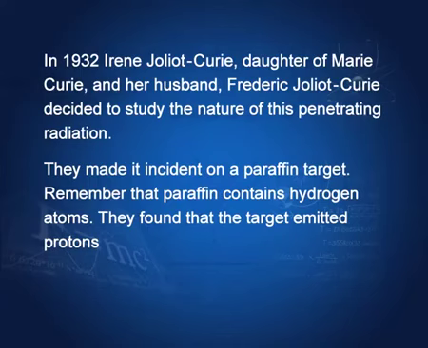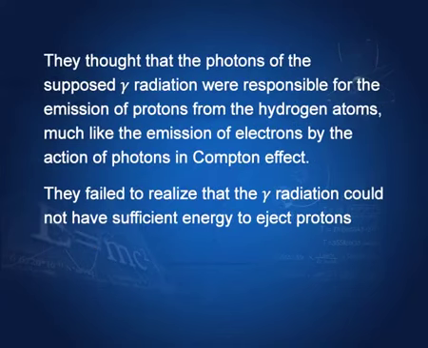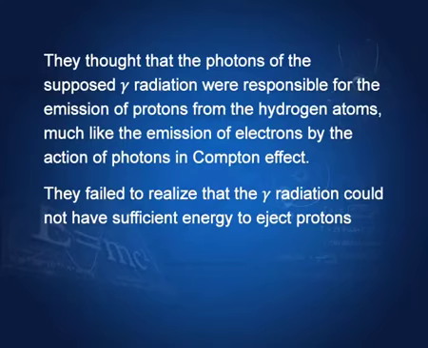They found that the target emitted protons. They thought that the photons of the supposed gamma radiation were responsible for the emission of protons, much like the emission of electrons by the action of photons in the Compton effect.